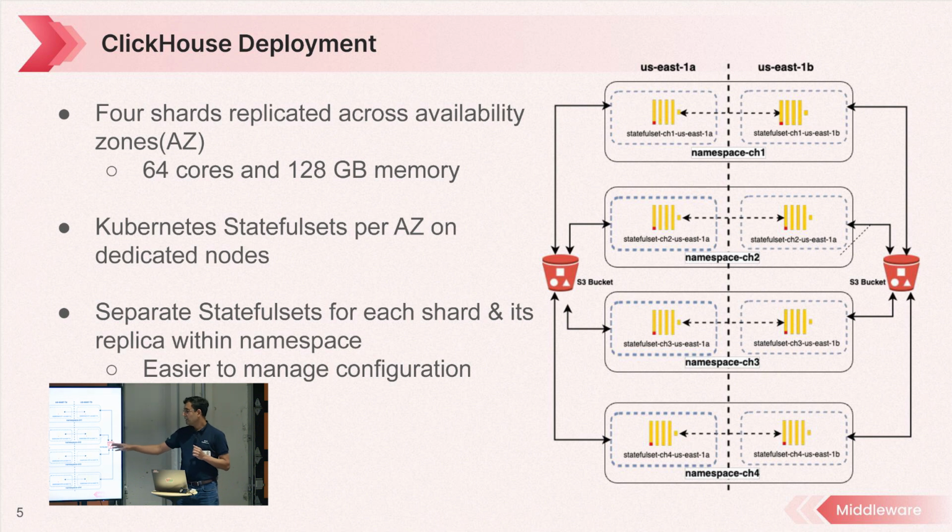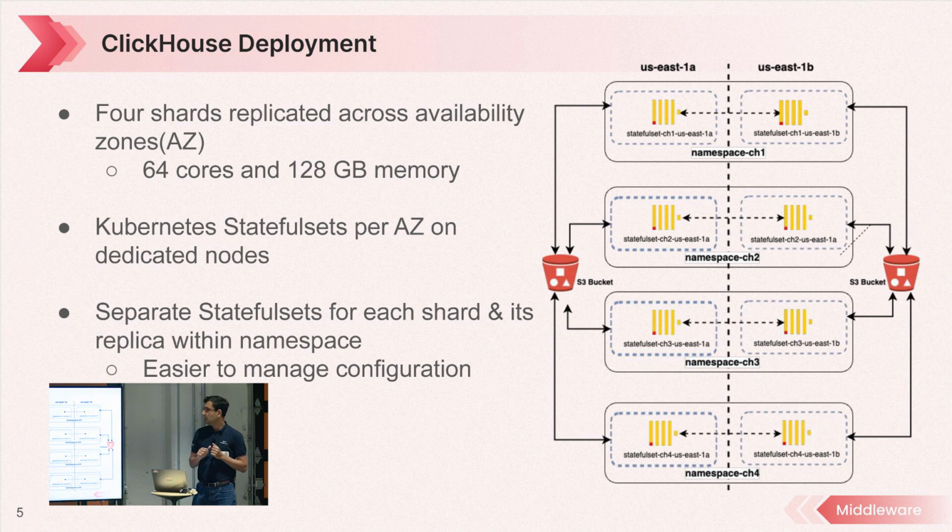For example, in this picture, I have shown 3 buckets, which are different for the 2 availability zones, US East 1A and US East 1B. But there are a bunch of other internal configurations that are also different for different shards and availability zones. So we figured it's easier to manage if we create a separate stateful set and have the configuration in those stateful set config YAML files.